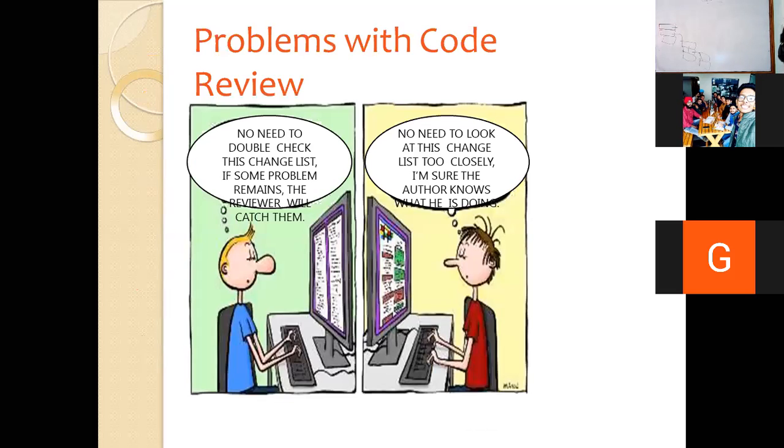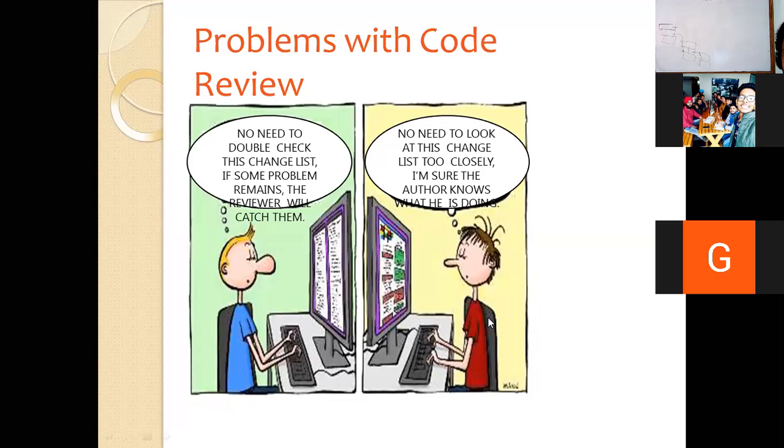Problems with the code review. The problem is on both sides. The developer feels that they have checked, so there is no need to double check this change list. If some problem remains, the reviewer will catch it. Here you can see the developer feels, I do not have to double check everything, because if I have made any mistake, it will be checked by the reviewer on the other side.